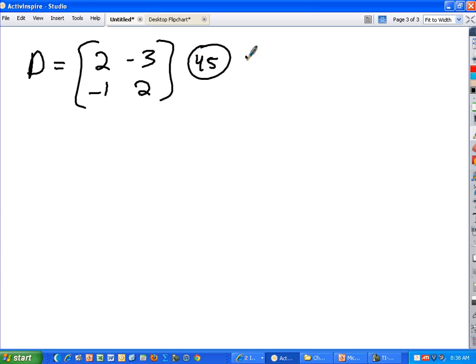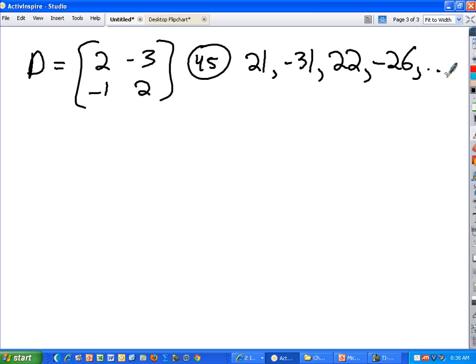So on 45, it starts off with the string. That's the first 4 numbers of the string. Now, this is the matrix that was used to encode the message.